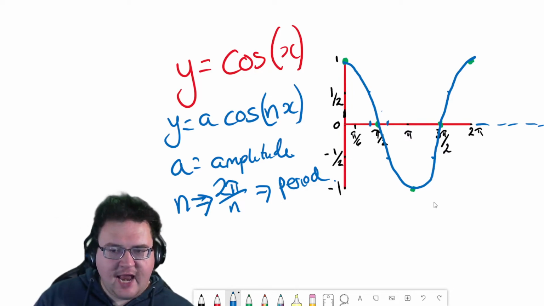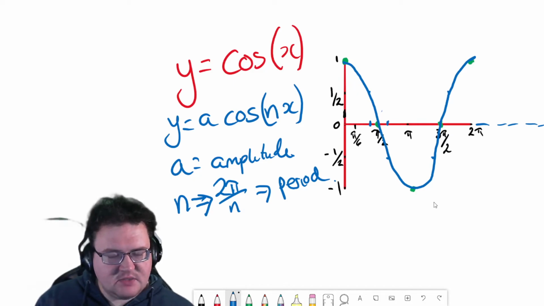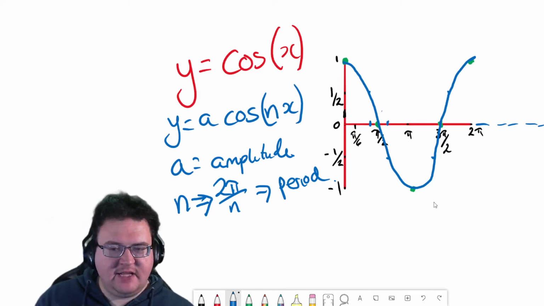Because if n is more than 1, then that means the period formula is going to be 2 pi on a larger number, which cancels down, which means the graph would then suddenly repeat in a much quicker period.